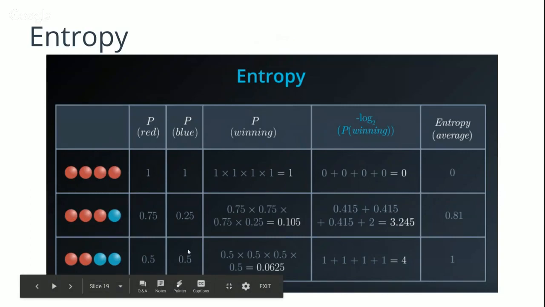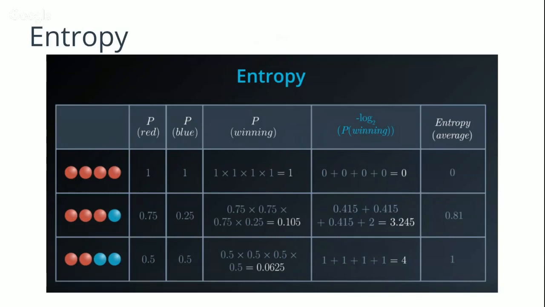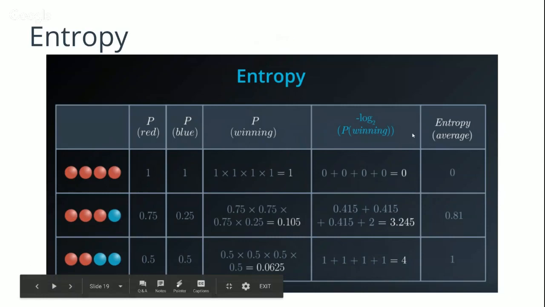So in this bottom problem, the one with the highest entropy, the probability of grabbing a red ball with replacement each time is 50%, so you get 50% times 50% times 50% times 50%. And then we take the negative log of that.